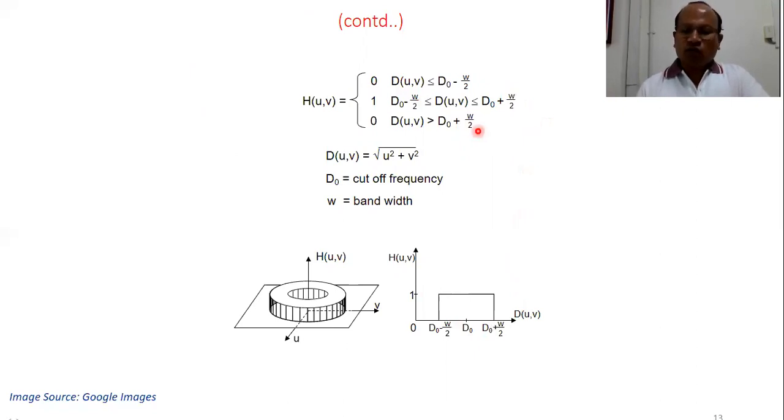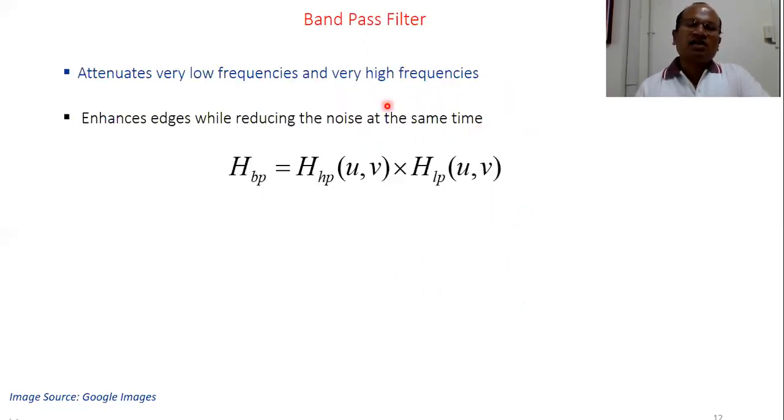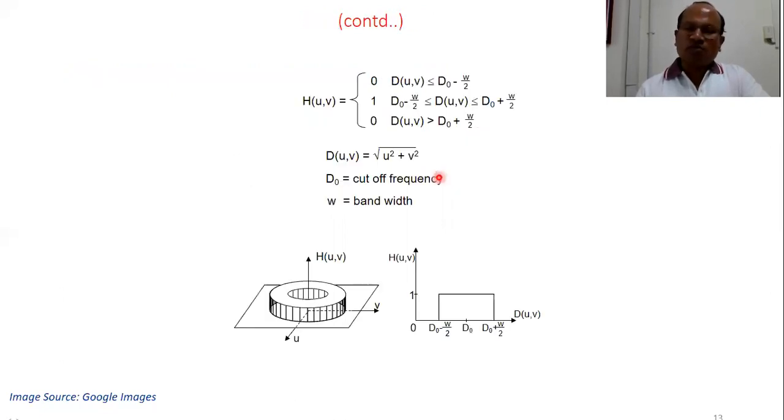So why we have mentioned here that this is the product of low pass and high pass? Because this is the cutoff distance. After the cutoff distance, towards high frequency, we are using the high pass filtering concept, and below D0 we are using the concept of low pass.